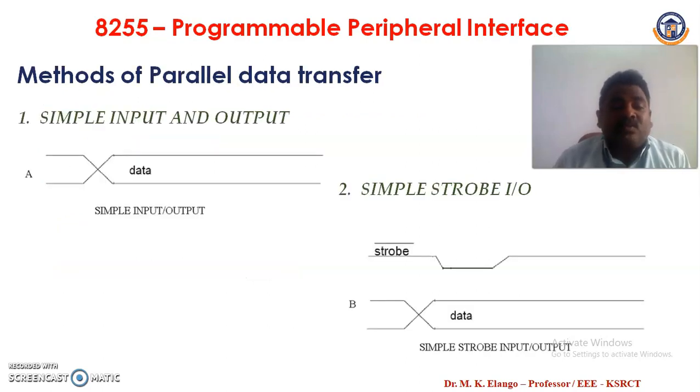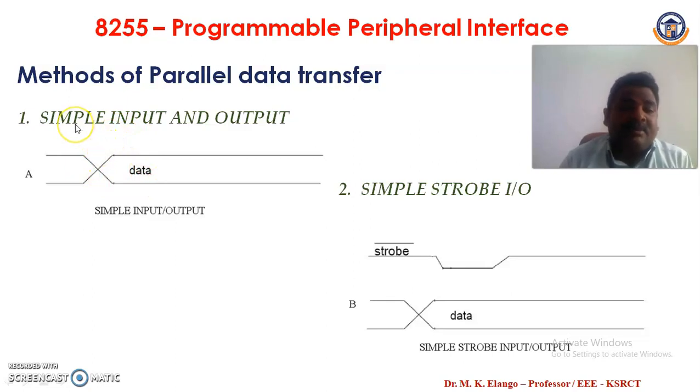Okay, the first one, methods of parallel data transfer. When we consider parallel data transfer, there are four methods. The first one is simple input and output data transfer. This is the diagram representation for simple input and output.